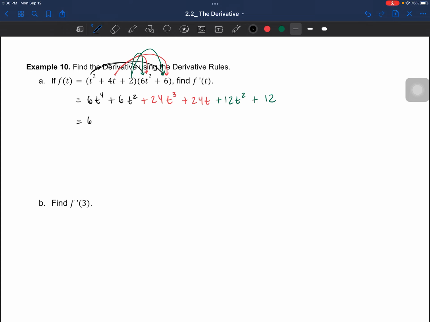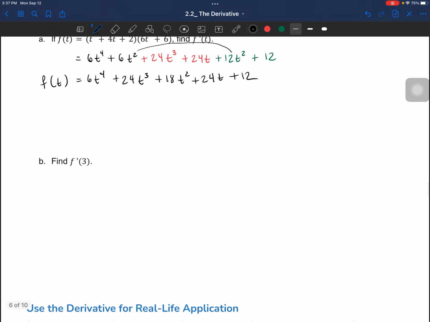Now we will need to do some simplification, and we can do that by combining like terms. So combine these two together. Then the 24t is there, and then the 12. So this is the original function, just a simplified version of it.